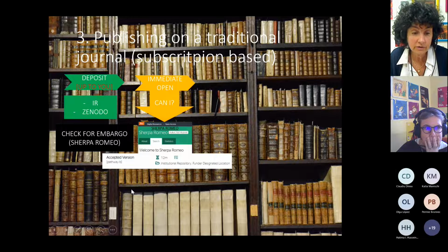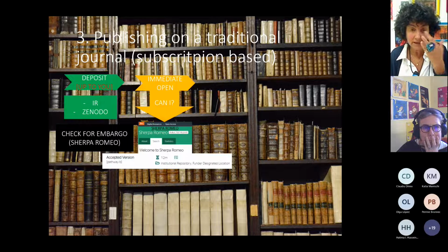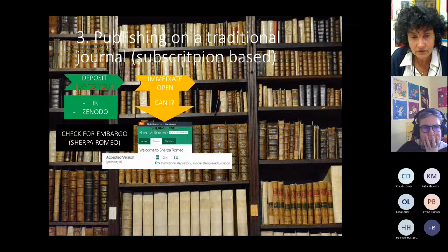If the accepted version has this icon, you have 12 months embargo, so you can't give immediate open access, which, I mean, embargo is mostly roughly for any commercial subscription-based journal. So the answer would be 99% no. So you can't.